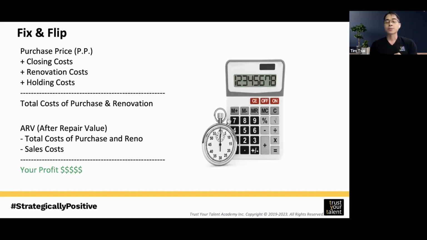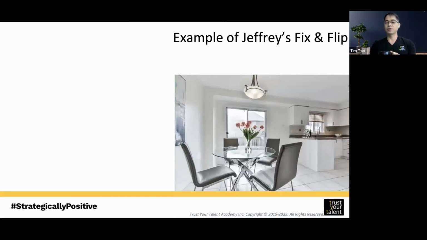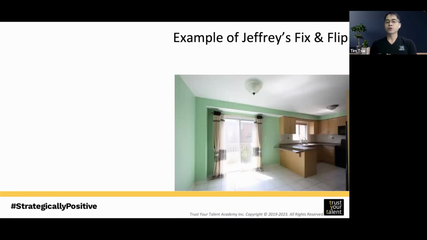And so now, as promised, I'm going to show you an example deal. And this is actually a real deal that our trainer and mentor, Jeffrey, on the Trust Your Talent team, who teaches this course, actually did recently in the last 12 months. And so here it is, showing you some pictures that Jeffrey's included. You can see there are no major structural changes.